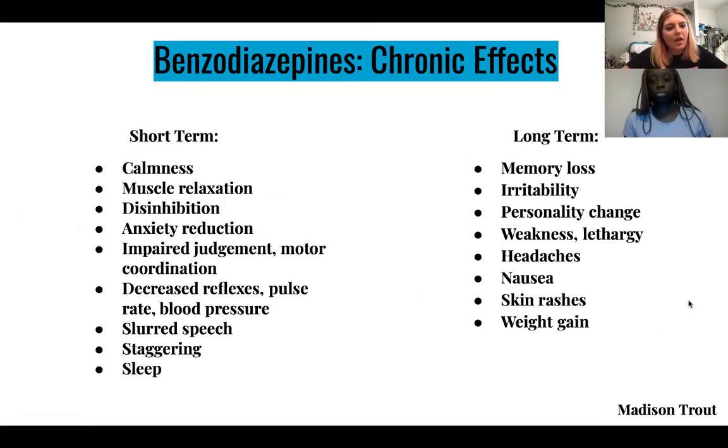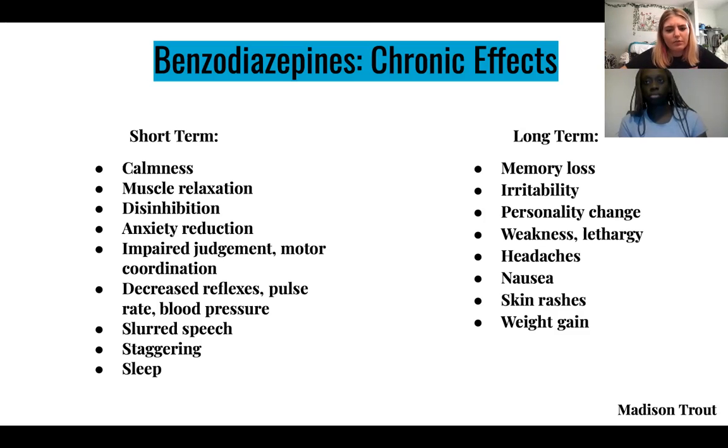I also did not list all of the effects because there are numerous, but as you can see, the short-term effects are the more positive outcomes that people look for when they abuse a drug such as this. They want calmness, which is shown in the muscle relaxation, the sleep, and the anxiety reduction, and those are the more positive reasons that people will take this.